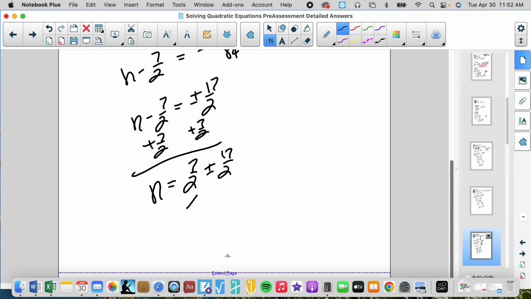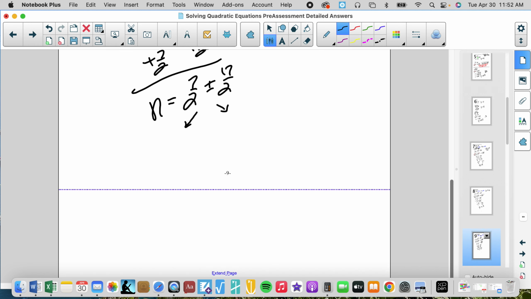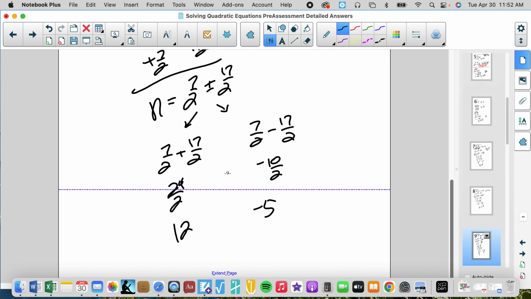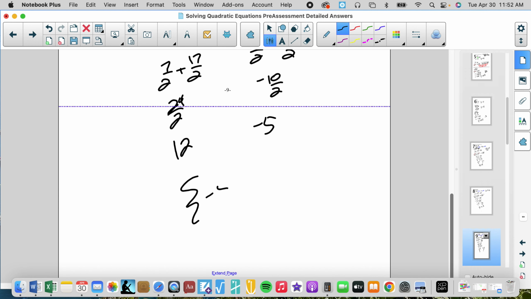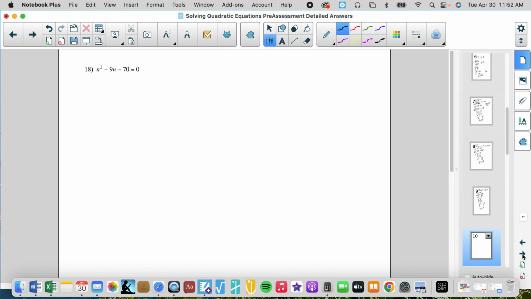So that's a fun one. You get 7 halves plus 17 halves, and you get 7 halves minus 17 halves. That's going to give us 24 halves, which is 12. This will give us negative 10 halves, which is negative 5. Nice, clean, happy numbers, and that worked out nicely.